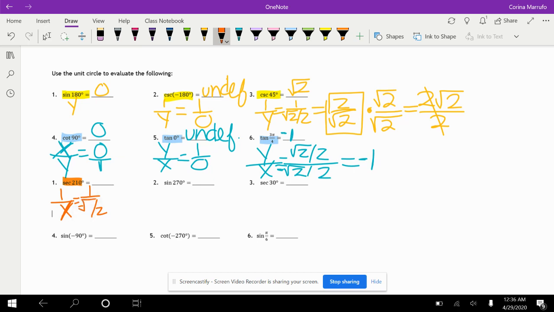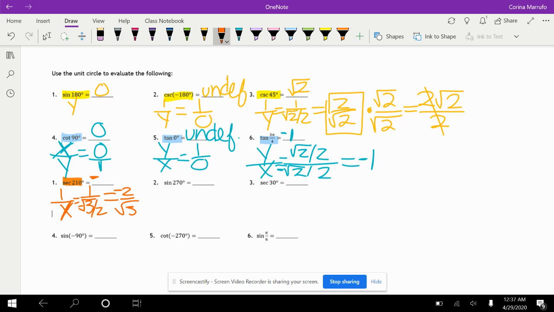Oh, there it goes. When this happens, all we have to do is flip over the fraction and get the reciprocal. It will be 2 over the square root of 3. And do not forget that it is a negative, because that's going to make all the difference. So I'm going to go ahead and put the negative here so I don't forget it, because I always forget the negative.